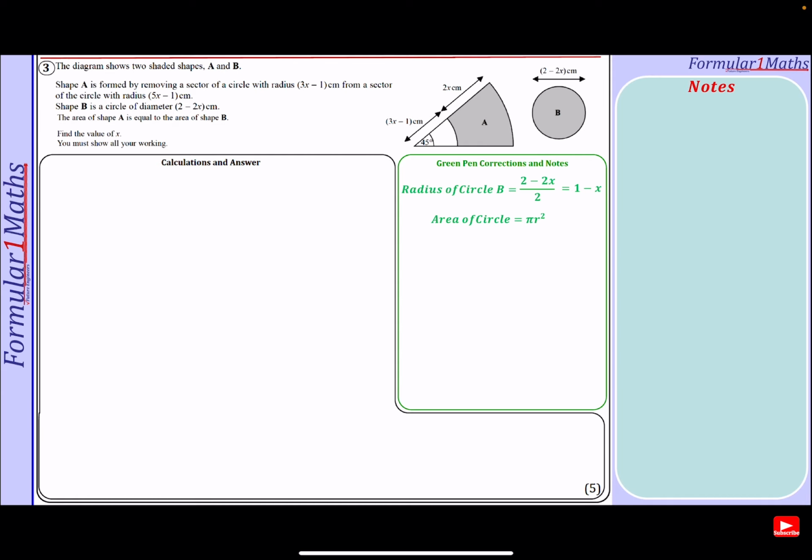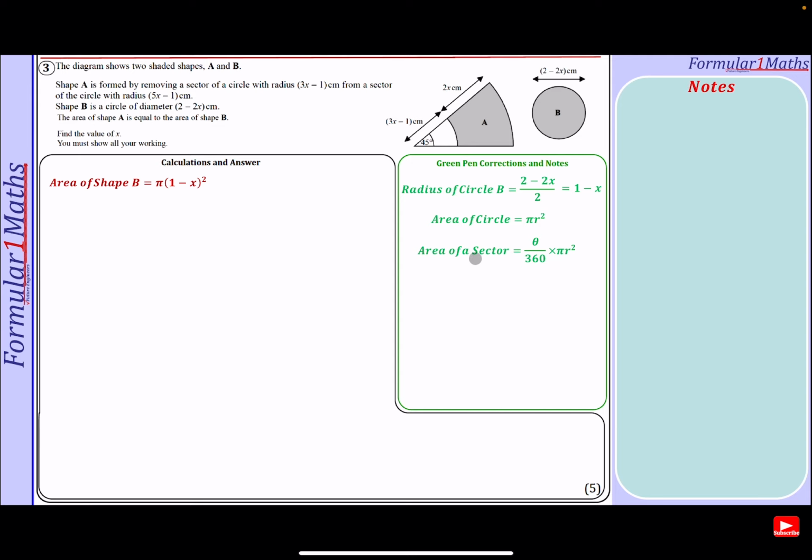But we know that the area of a circle is pi r squared. So we can go and write down the area of this one here as area of B to be pi brackets 1 minus x squared.